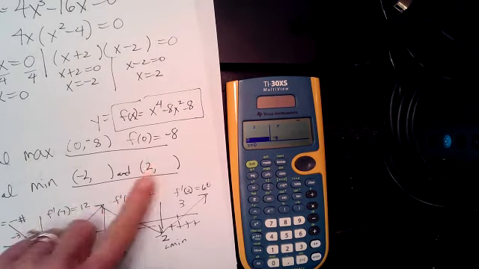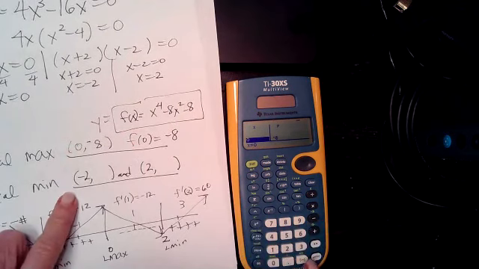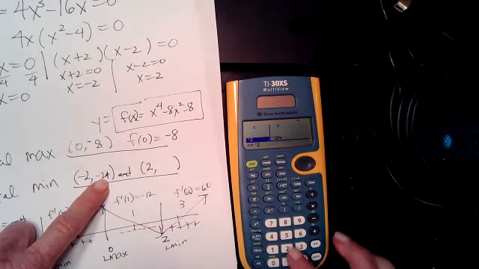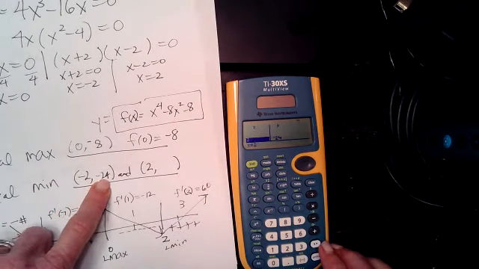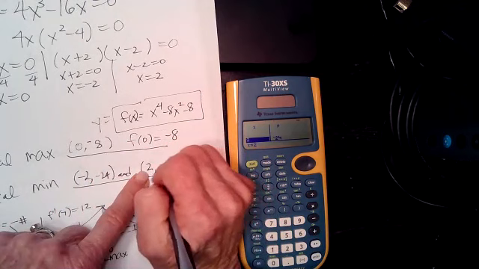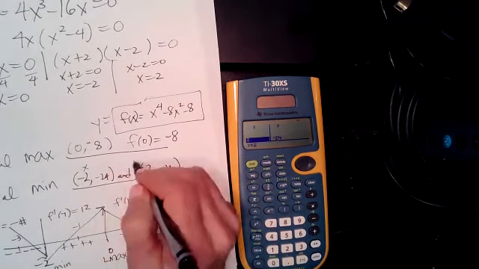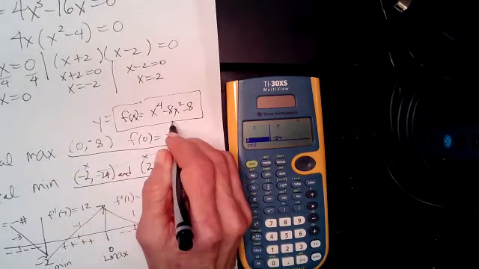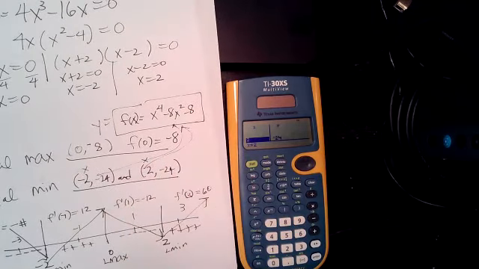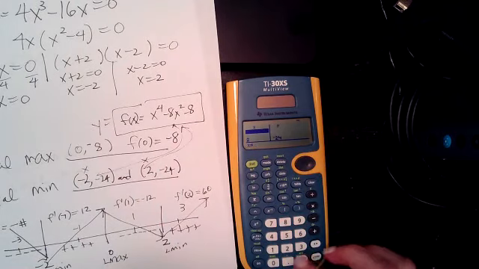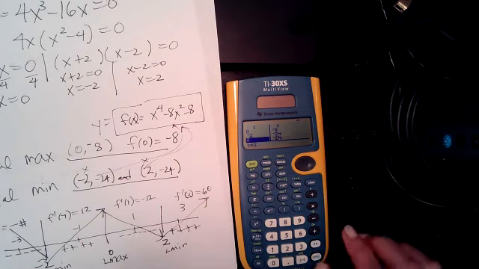So f of 0 was negative 8, and negative 2 and enter, I get negative 24, and put 2 and enter, and I also get negative 24. So I plug my x's into the original to find my y's, and I just use my table function. So I put 0, negative 2, and 2.